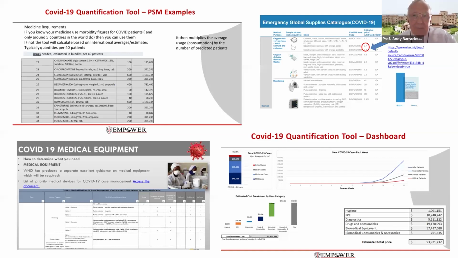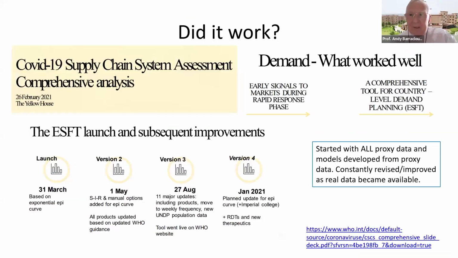Next slide, please. But did this really work? Well, it didn't start off very good. The first iterations weren't that accurate on the forecasting, but they got better because we collected data all the time. So over time, from March through to January 21, it improved. The forecasting became a lot more accurate.